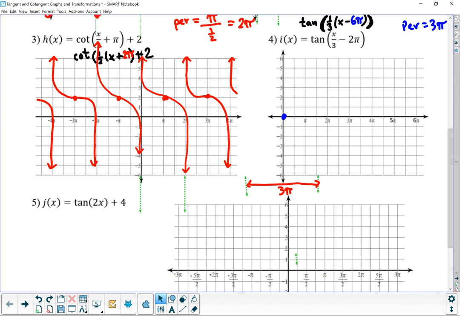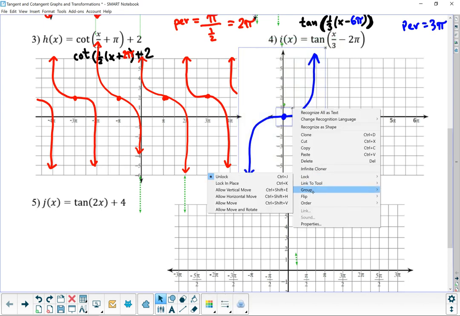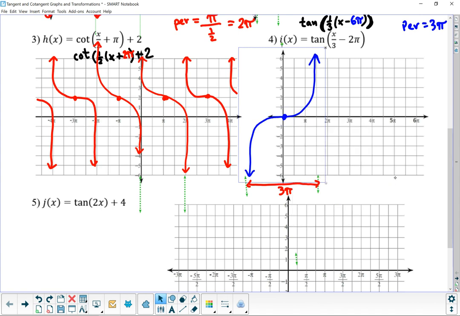So basically, what I'm doing is I'm moving this. So think about this. I have something that looks like this. Okay, that's what I have. And what I'm doing to that, is I am moving it 6 pi.